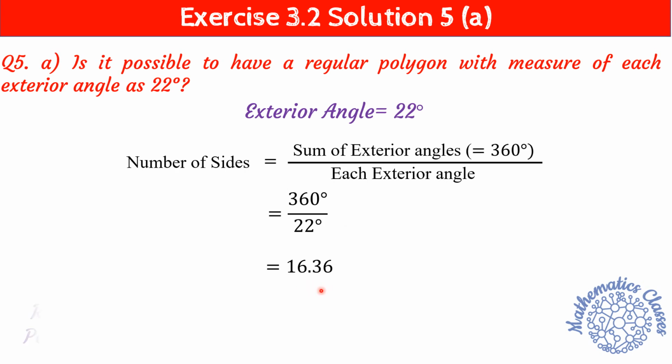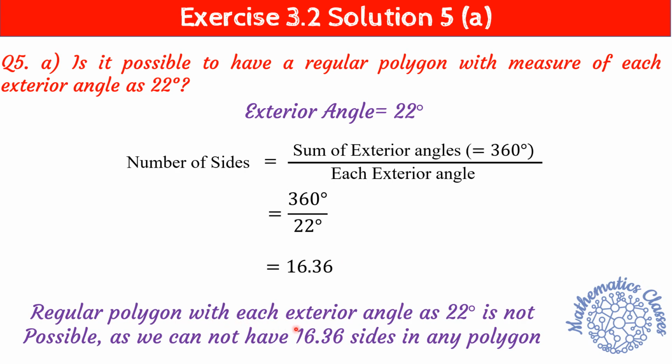Now, we can't have a regular polygon with each exterior angle as 22 degree, as the number of sides is not a positive integer but a decimal. We can have 16 sides or 17 sides, but we never have 16.36 sides. You can simply check if it is a divisor of 360 or not. Since it is not a divisor of 360, this polygon doesn't exist.